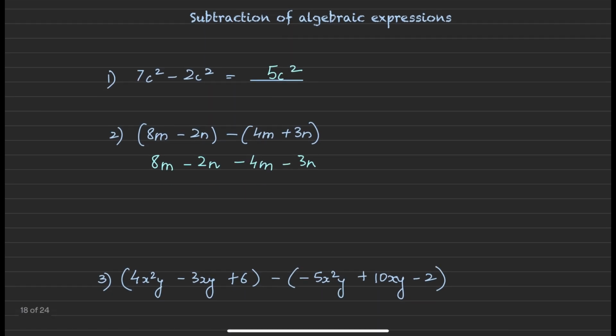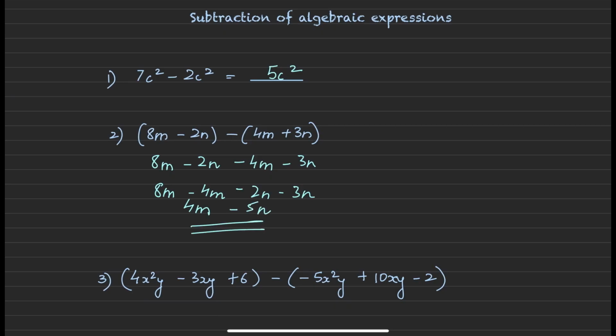This is the same thing like what we did in addition of algebraic expressions. It's just that you have to bring the like terms together and solve them. Quickly I will do this because I hope you all have watched the video on addition of algebraic expressions. 8m minus 4 is 4m, minus 2 minus 5m.